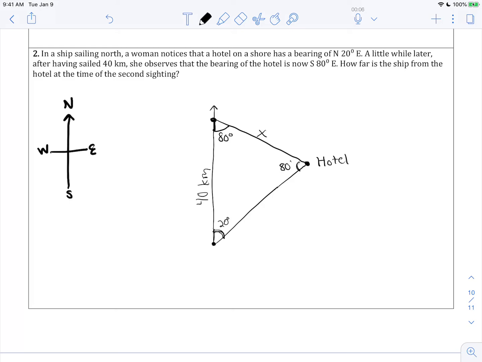And now we need to solve for x. Well, I have an angle and a side opposite, angle and side opposite, so I'm going to use law of sines. Sine of 80 over 40 equals sine 20 over x. Okay, I'll cross multiply. x sine 80 equals 40 sine 20, and divide by sine 80.